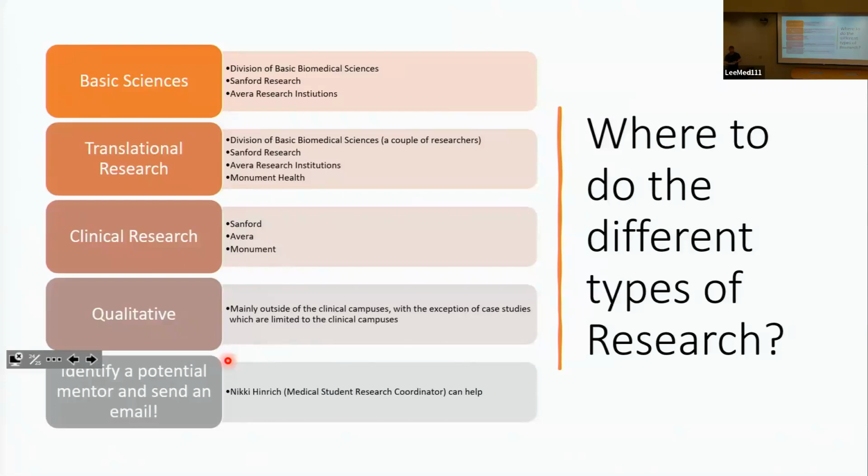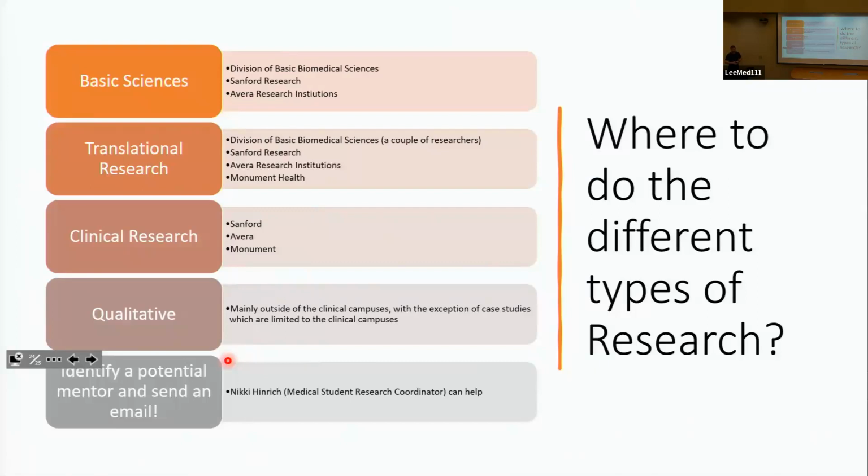Of course, both Sanford and Avera do engage in basic science research as well. Most of it at Sanford is conducted in Sanford Research, so the basic science wing of the Sanford Health System. And then Avera also has research institutes like the Institute for Human Genetics, et cetera, that are involved in basic science research, and you can approach those locations as well.